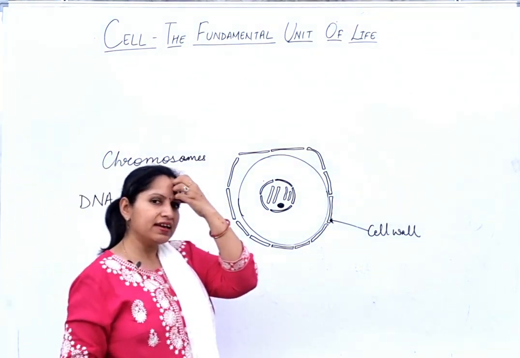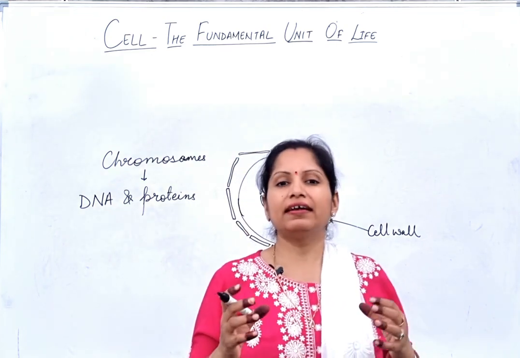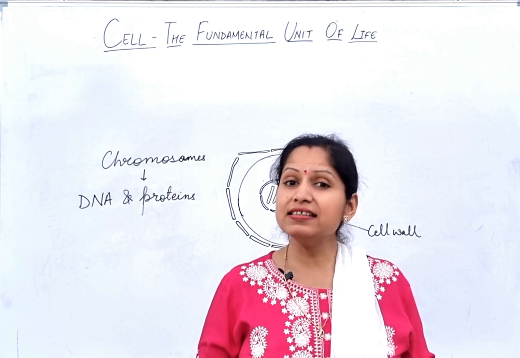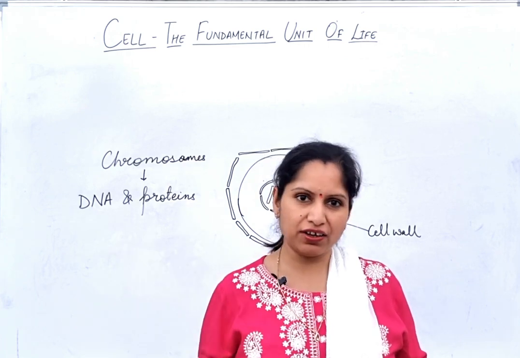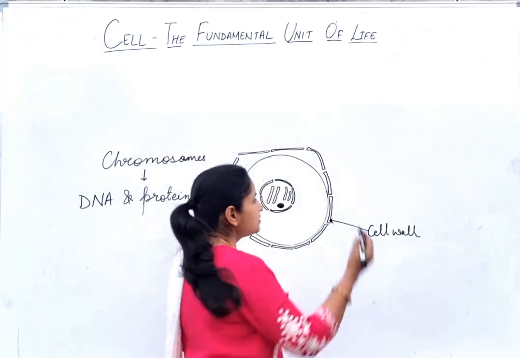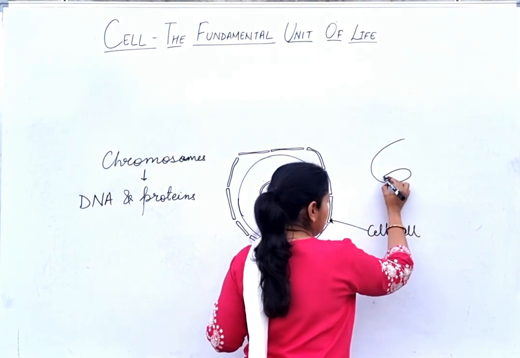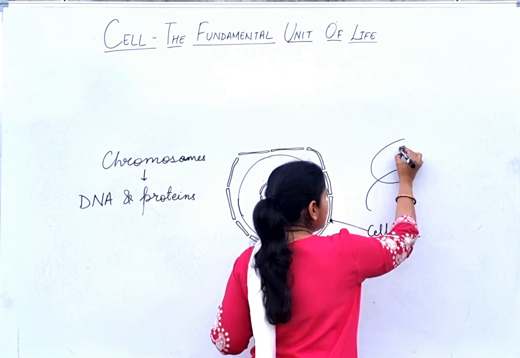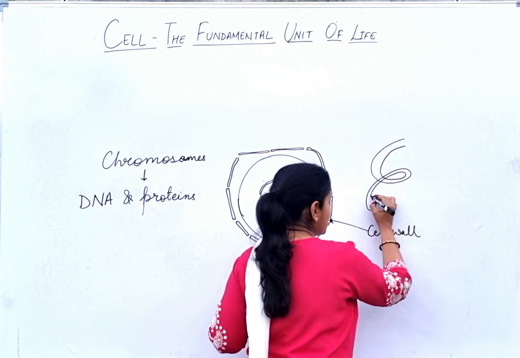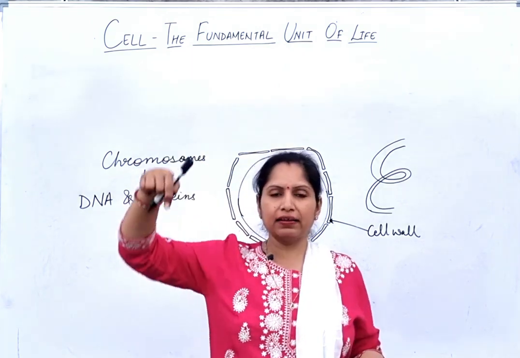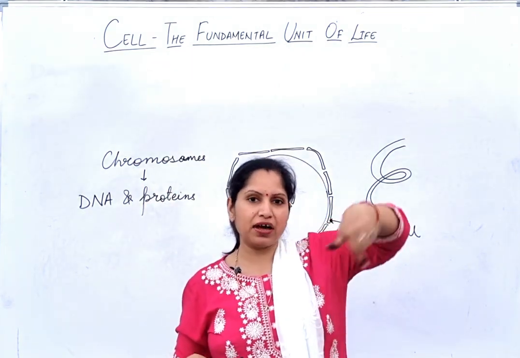And what is DNA? DNA means deoxyribose nucleic acid. This DNA contains the genetic information. In 11th standard you will read about the structure of DNA, so I'll just tell you very basic things about it. It has a double helical structure. A double helical structure is somewhat like the spiral stairs that you have seen.